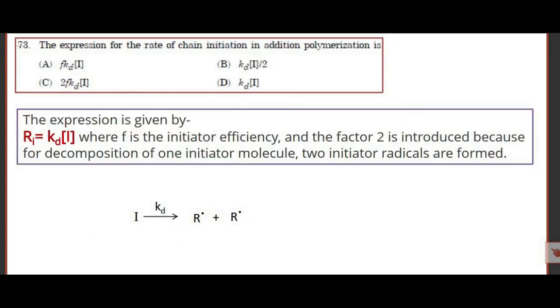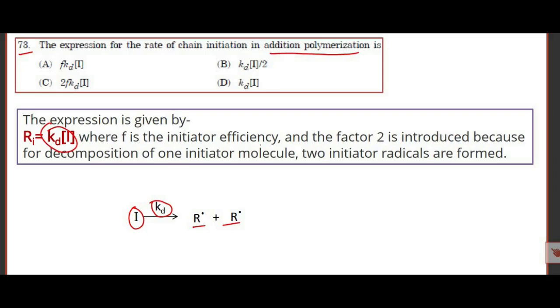Question number 73. The expression for the rate of chain initiation in addition polymerization is. Here, in addition polymerization, the initiator molecule splits into a free radical or dot. Kd is the rate constant, where Ri equal to rate equal to Kd into I. The expression is given.